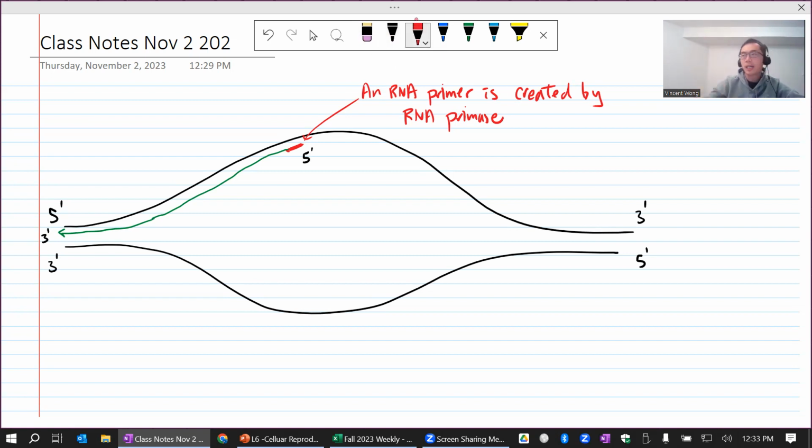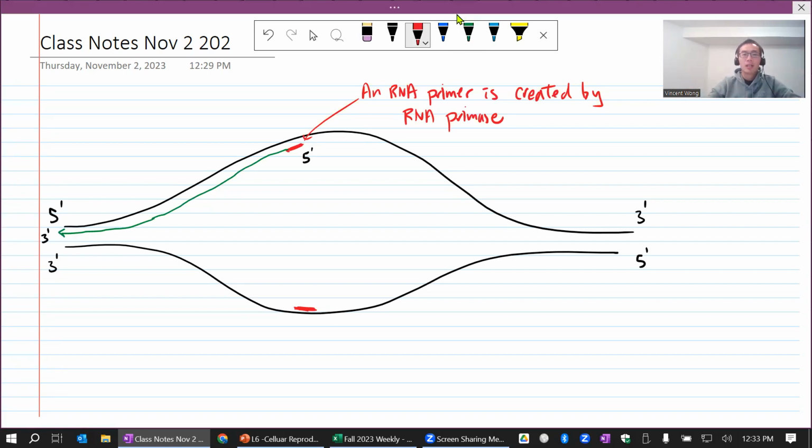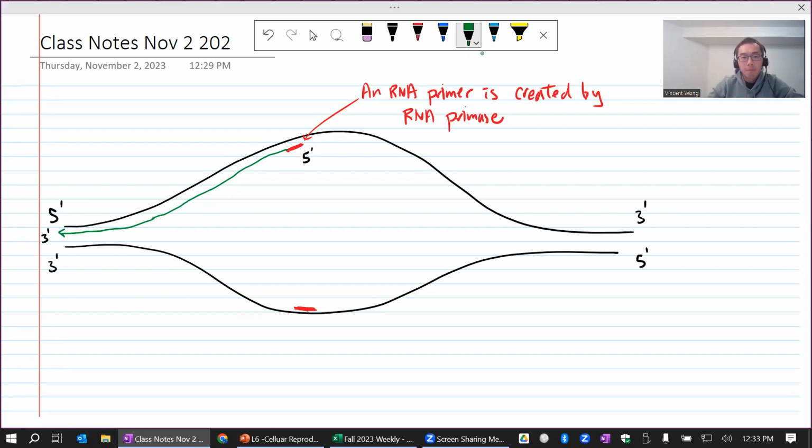Now, on the other side of the bubble, we also have to put some primer here. Same situation. The primase makes a few nucleotides, and then polymerase 3 will take over, but this time it's going to be growing to the right, like that, because polymerase 3 can only build from 5' to 3'.